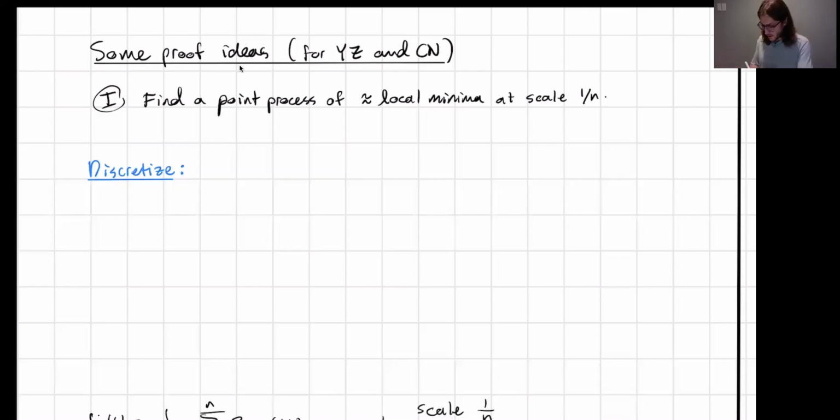What's the distribution of the closest point to a given fixed point? That'll be exponential with rate 2 root pi over 3, because you can be close to it on either side. Okay, so that's really what's going on. We're going to try and find a way of extracting this point process of approximate local minima, which are, again, as I said, at scale 1 over n.